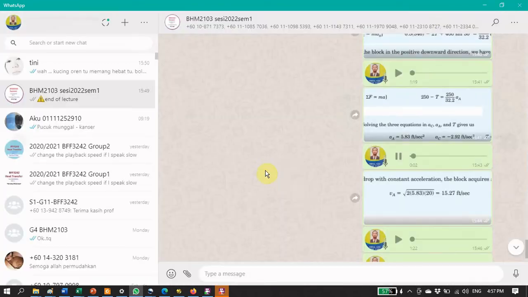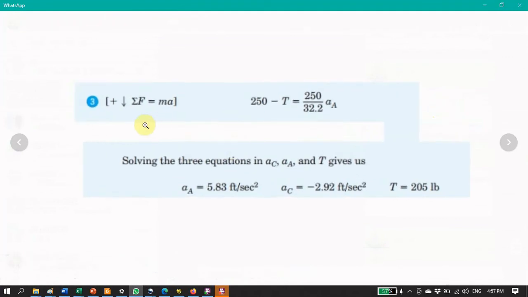Right, this one is referring to the concrete block, right? We have positive y values. Actually, it is in the direction of gravitational acceleration, right?